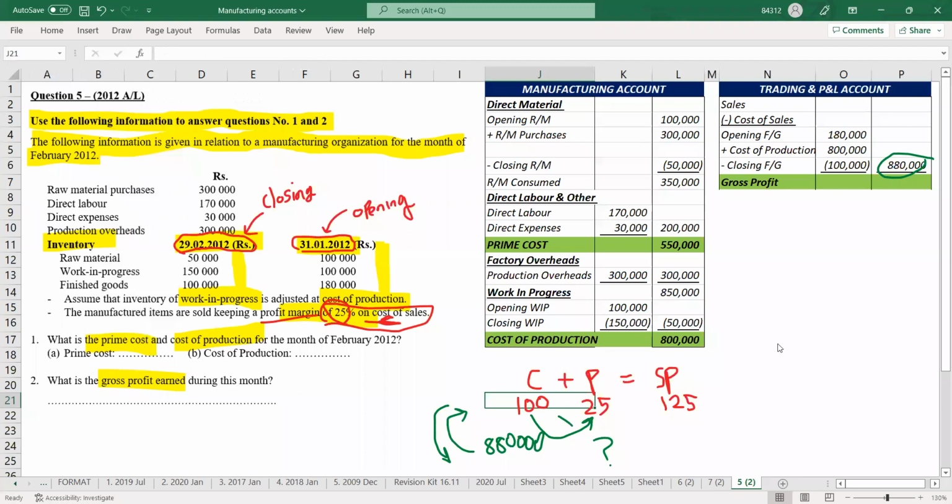So 880,000 divided by 100 multiplied by 25 means you get the profit. Profit is 220.